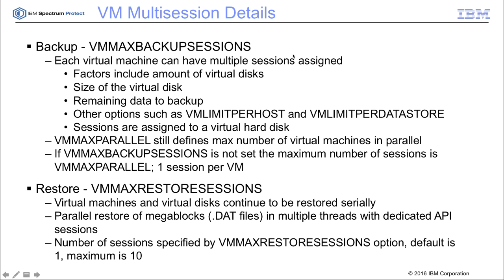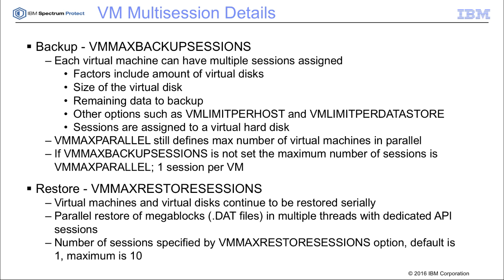It's based on a number of different factors. It includes the number of virtual disks on the virtual machine, the size of the virtual machine, the remaining data to back up on the virtual machine, and also the options you may have set from previous versions, such as VM limit per host and VM limit per data store.